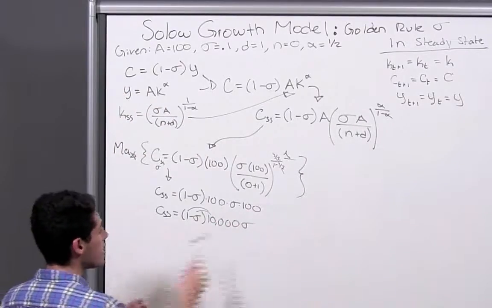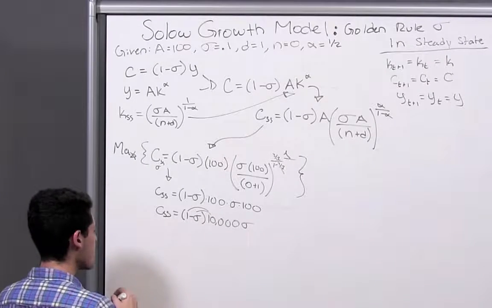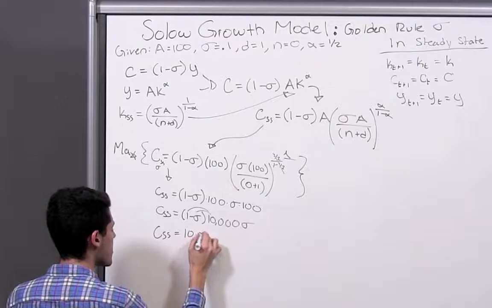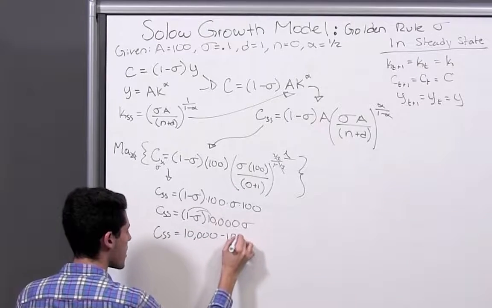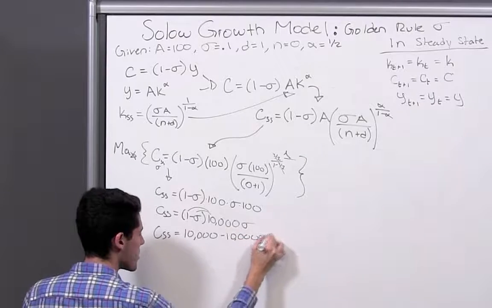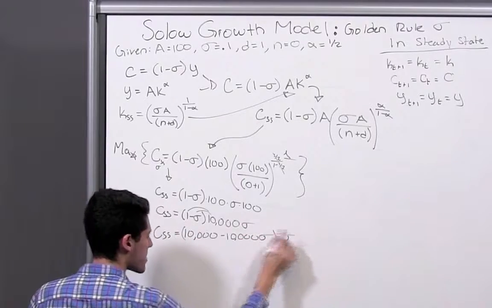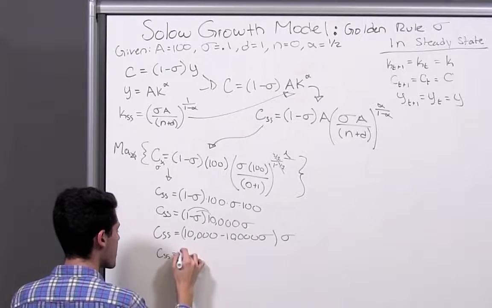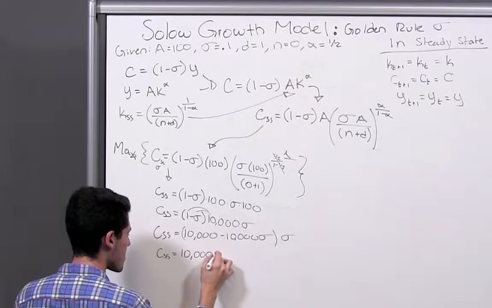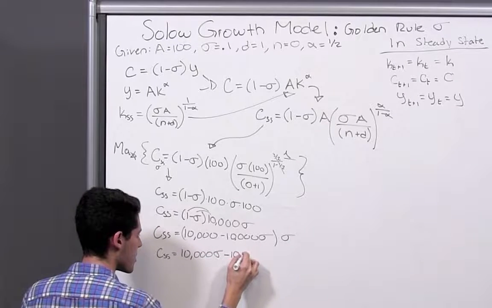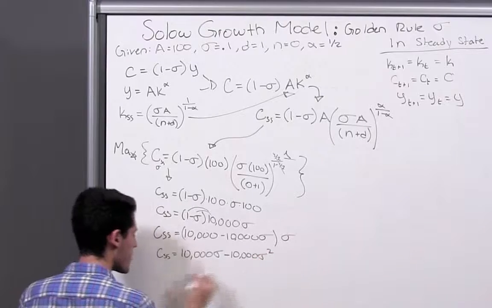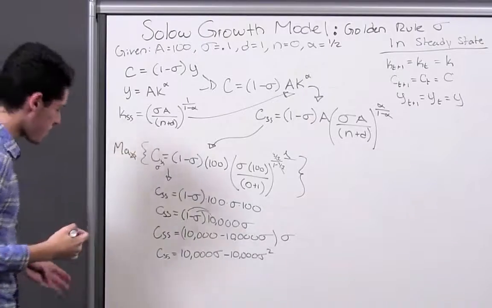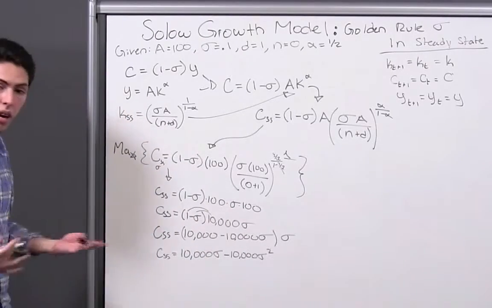After that, let's distribute, and we'll get 10,000 minus 10,000 sigma, but of course, we still have this last sigma right there. Simplifying one step further, we have that 10,000 sigma minus 10,000 sigma squared is going to be our consumption in the steady state.